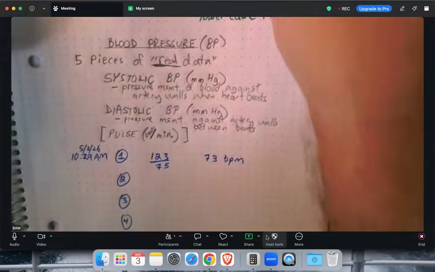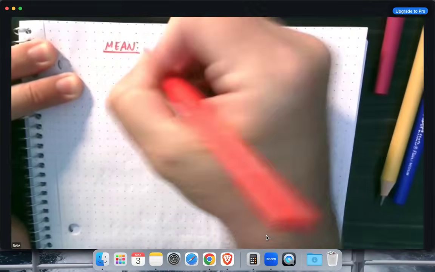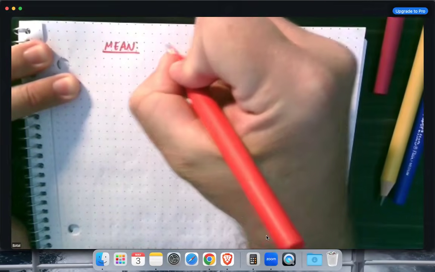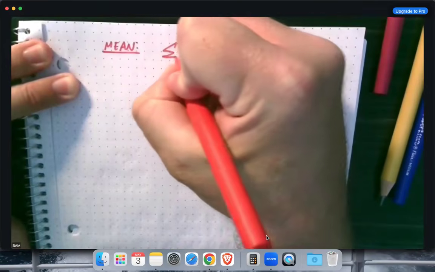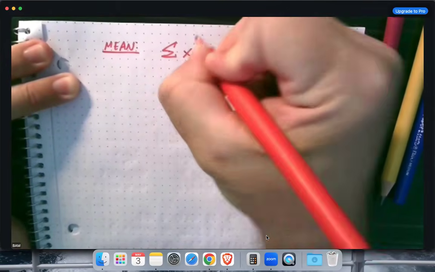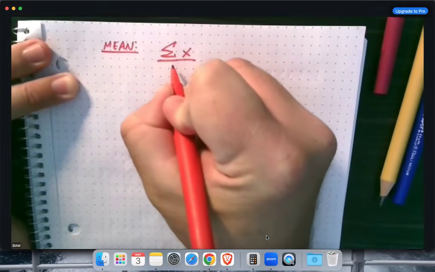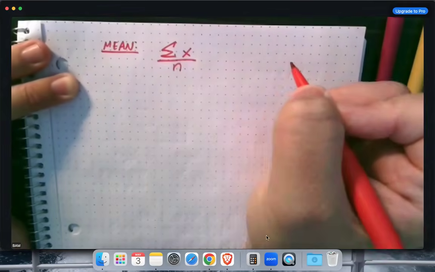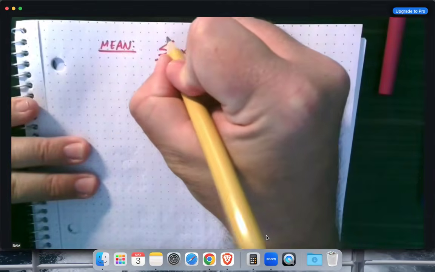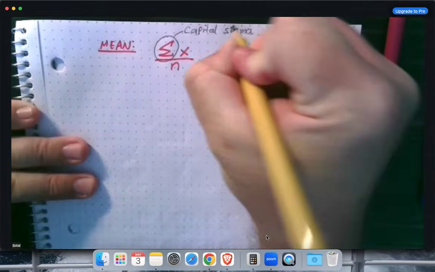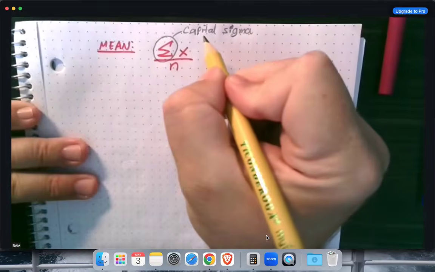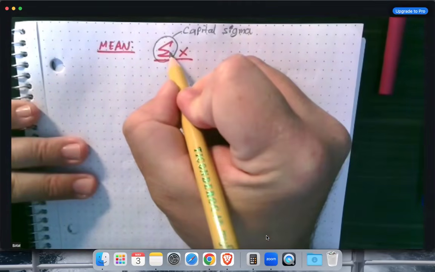We're going to think about mean, median, mode, range, and sample standard deviation. Mean is just the sum of all the X values divided by the sample size. So this is a capital sigma, which I think we've already done in the college algebra series.